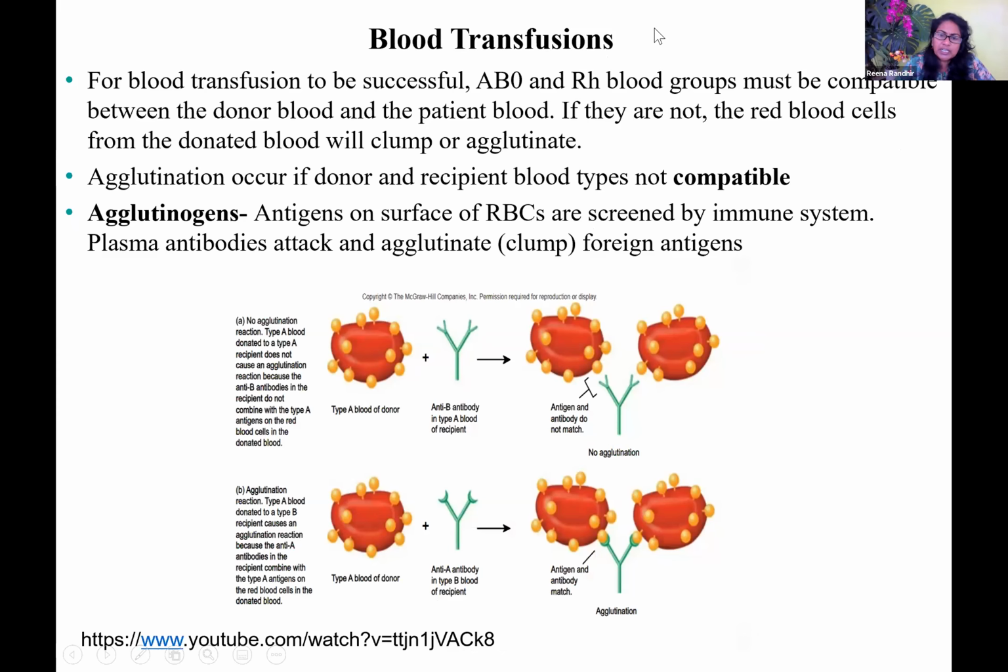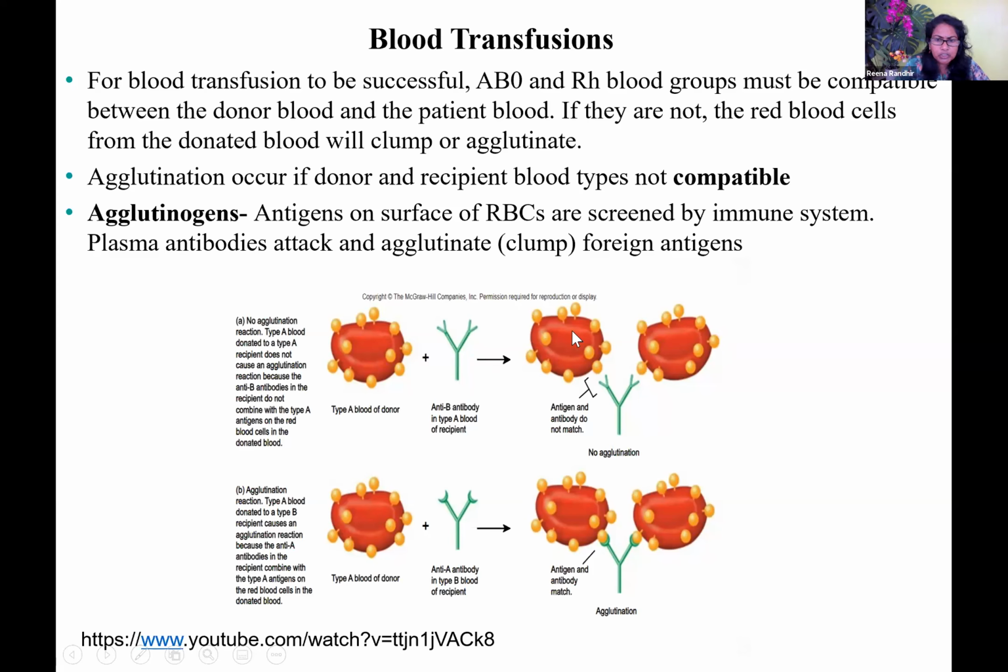So there are specialized people for this. After you donate blood, there are hematologists who are specialists in this. So for a blood transfusion to be successful, the blood types and Rh factor must be compatible. If they are not compatible, they will clog or clump, and that is called agglutination.